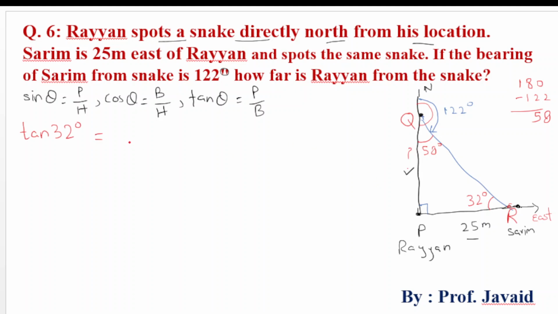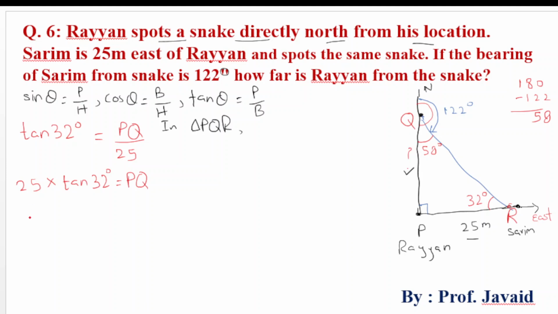equals PQ over 25, as we have to find PQ. So this 25 will go to the other side and multiply with tan 32 degree. Your calculator should be on degree. In triangle PQR, you will solve it like that.